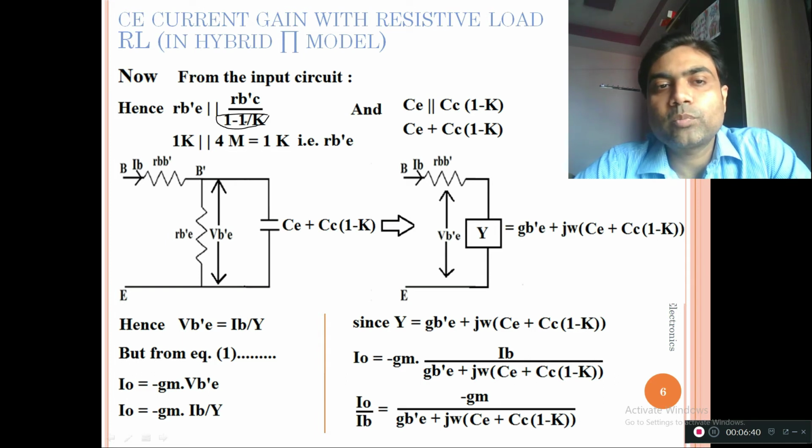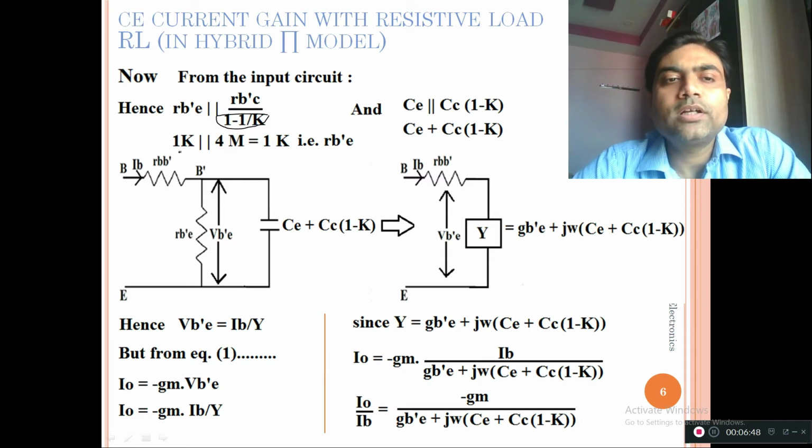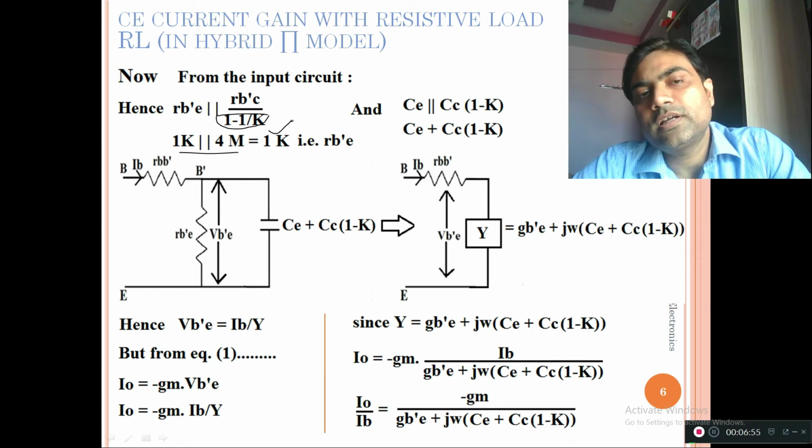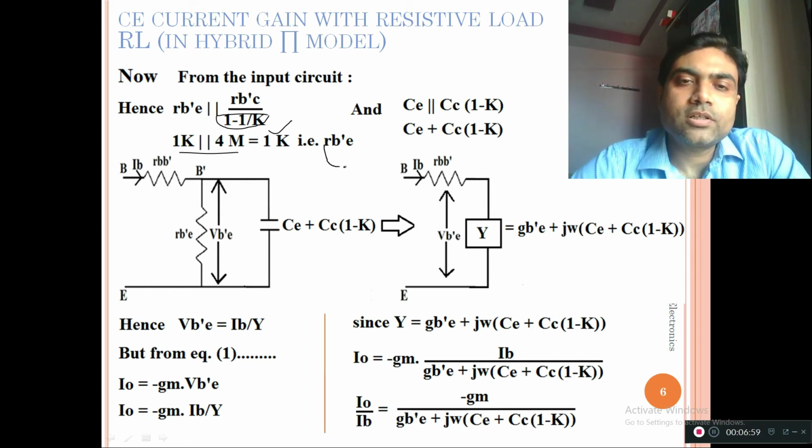If K is 50, 1 upon 50 is a very small value, and 1 minus something small is nothing. That will not create any impact on this particular value of the resistance. So ultimately 1K and 4 mega ohms become parallel, and again we can easily calculate that it comes out to be 1 kilo ohms. So ultimately the resistance which prevails here is also the RB dash E.